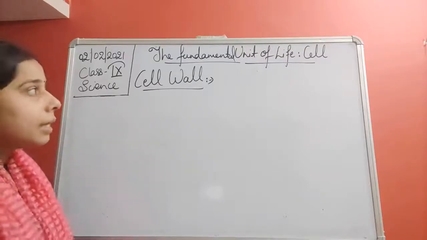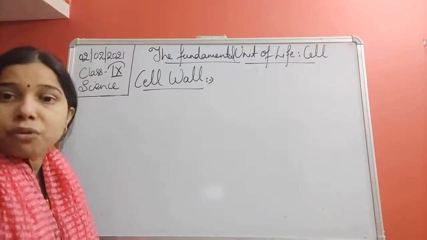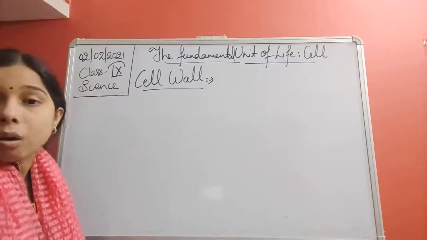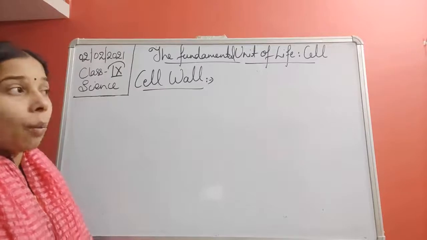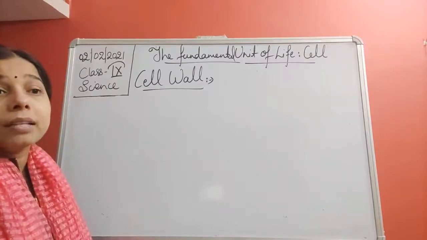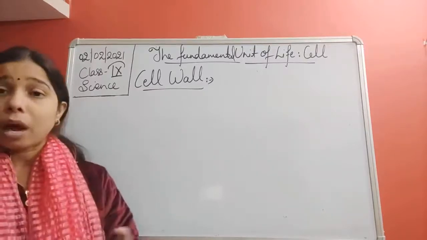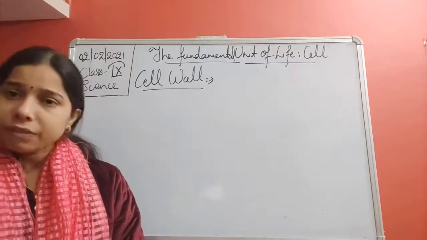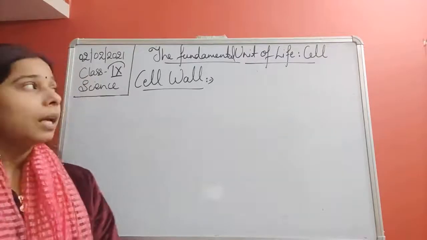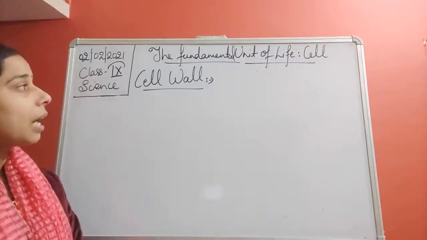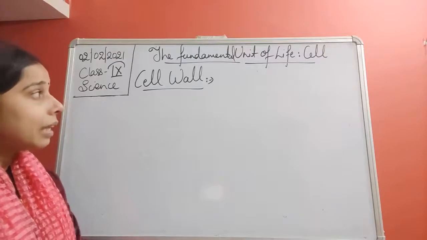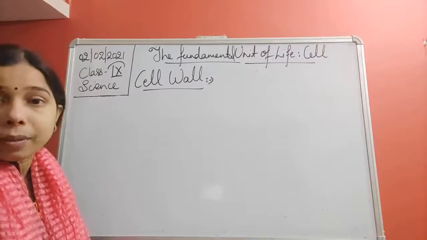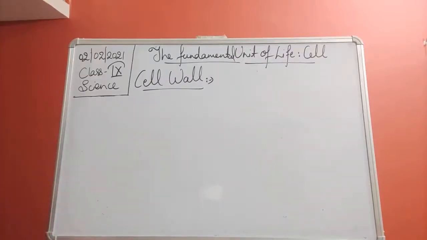Okay, so we can say that the cell wall was first seen by the discoverer of the cell, Robert Hooke. One thing should be remembered here, students, that the cell wall is very tough, so it will provide protection to the plant. We will discuss the function of the cell wall later on. Let me tell you that the cell wall is present in the plant cell, but it is absent in the animal cell.